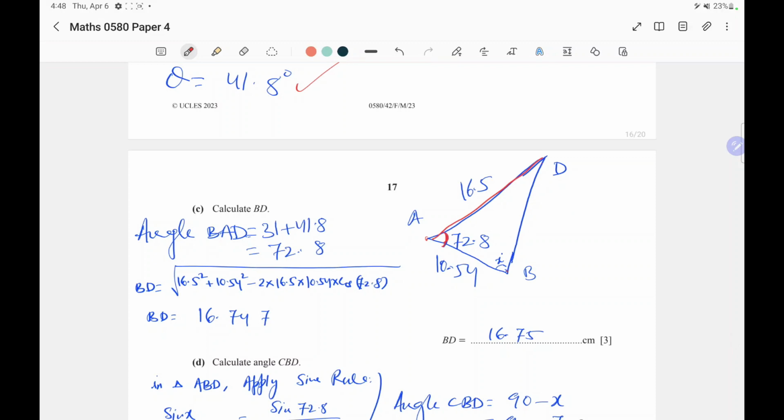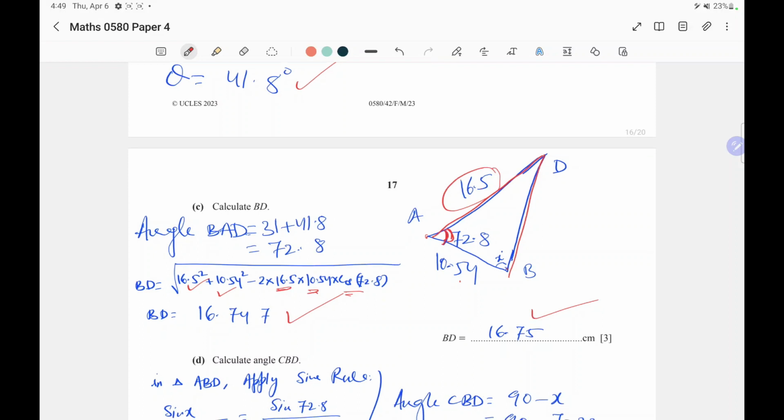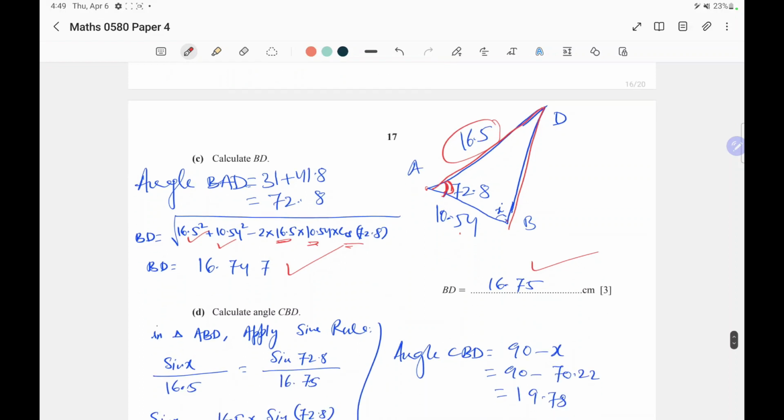Now BD length, according to the cosine rule, is the root of the 2 adjacent sides squared: 16.5 squared plus 10.5 squared, minus 2 times 16.5 times 10.5 times cos of the angle between them, 72.8. Then use a calculator to get 16.745. So 16.75.